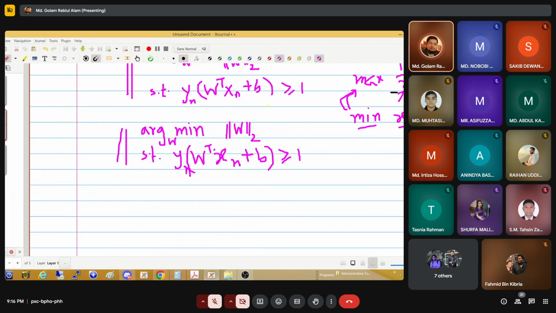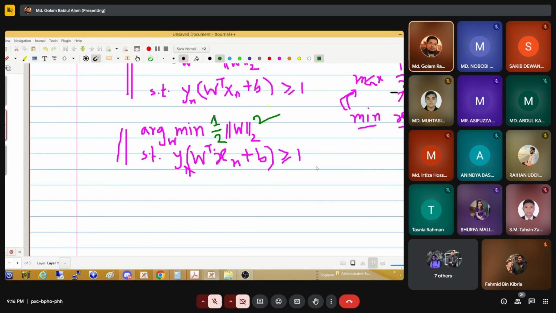Now, for quick convergence, or for some mathematical benefit, we also change this a little. So that means the argument minimization of this one. We can add one new thing here, the half, and then the square is added there. It will provide us the mathematical benefit.